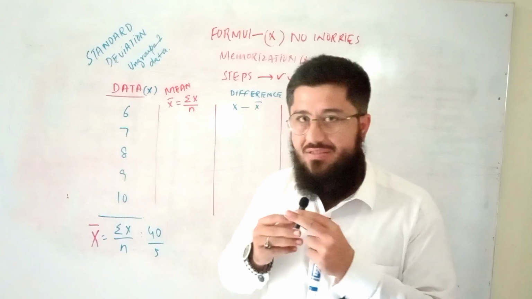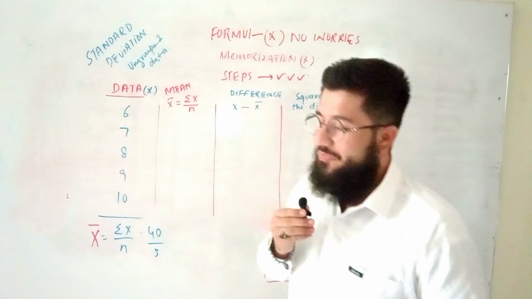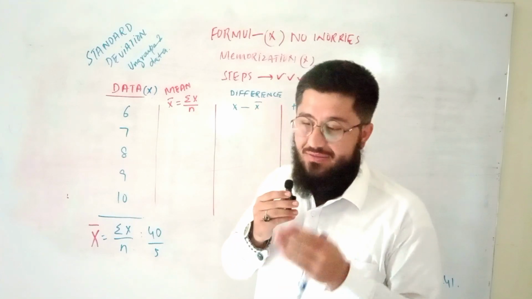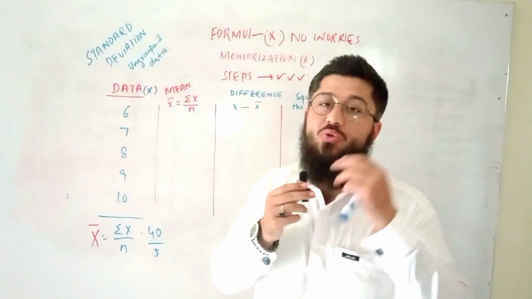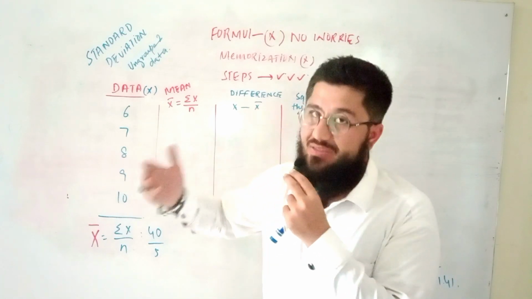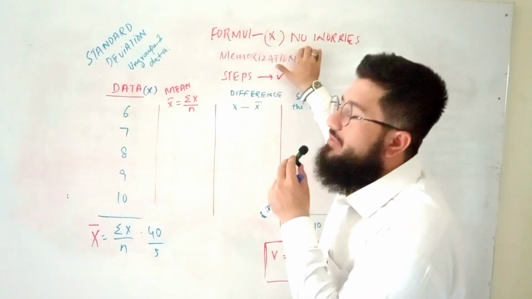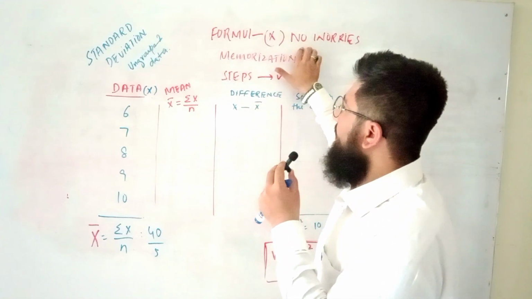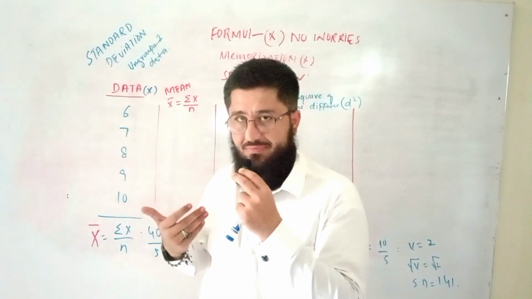Some other statistical problems. This is a very difficult type of term, statistics and statistical. Anyways, so you have problems and you don't have the capacity to memorize the formula. You have worries regarding formula, how to memorize it, and then you can't memorize it. So the same goes to this gentleman.